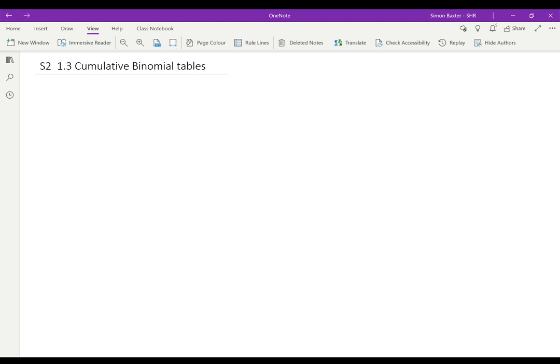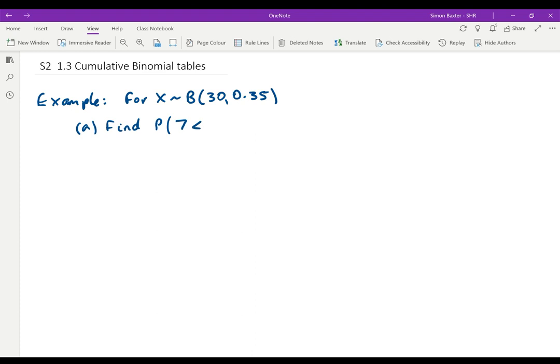If we take an example: for random variable X belonging to a binomial distribution 30, 0.35, (A) find the probability that 7 is less than X is less than or equal to 15, and (B) find the probability that X is greater than 13.